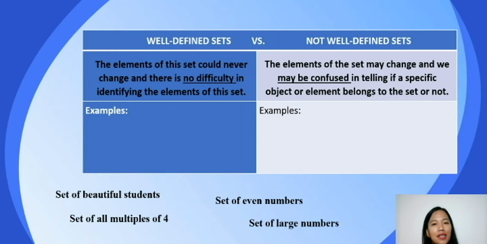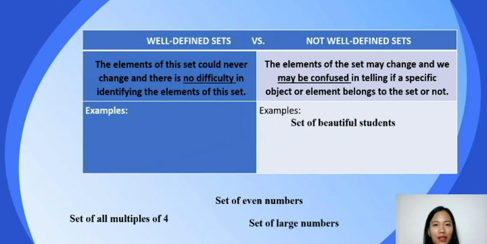For examples, let us identify if the given sets here are well-defined or not. First one is set of beautiful students. Is it well-defined or not well-defined? Great! Set of beautiful students is not well-defined because you may be confused in telling if your specific classmate is beautiful or not.